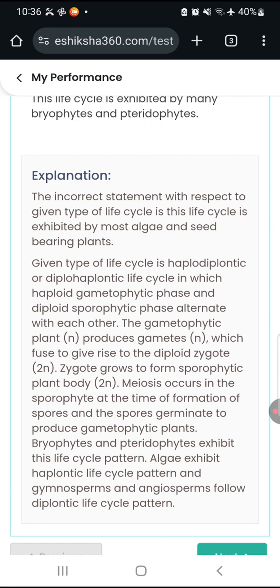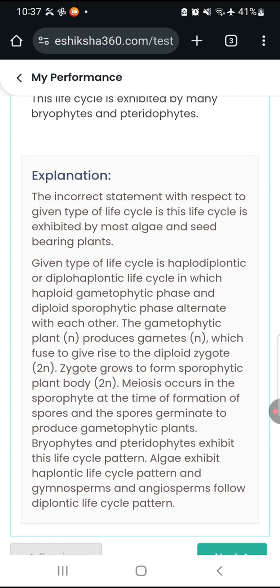The gametophytic plant N produces gametes N, which fuse to give rise to the diploid zygote 2N. Zygote grows to form sporophytic plant body 2N. Meiosis occurs in the sporophyte at the time of formation of spores, and the spores germinate to produce gametophytic plants.